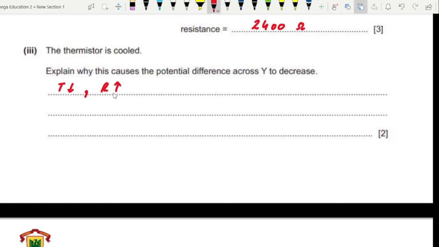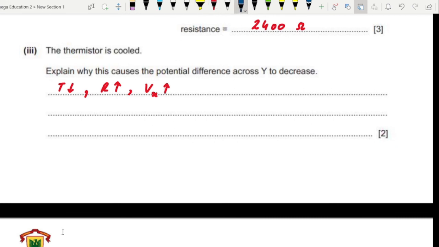For the conductor, you decrease the temperature, the resistance also decreases, but for the thermistor it's the other way around. The resistance increases, and if the resistance increases, the voltage drop across the thermistor would also be increased, and the thermistor was component X, so Vx would be increased.